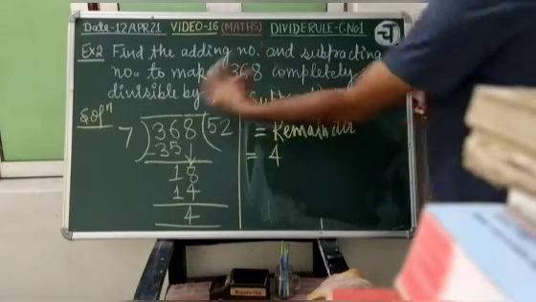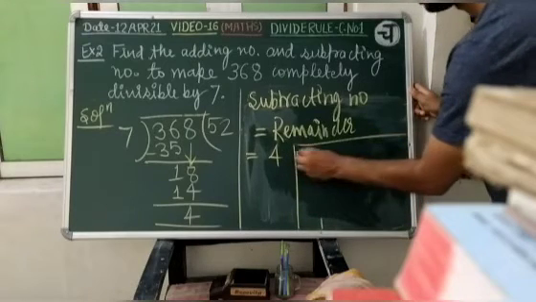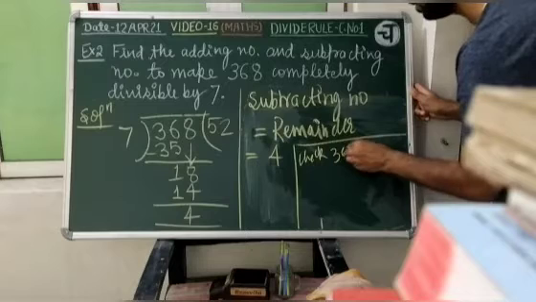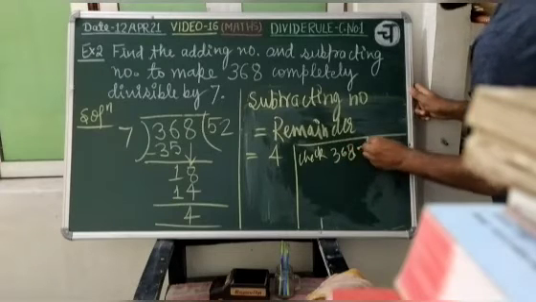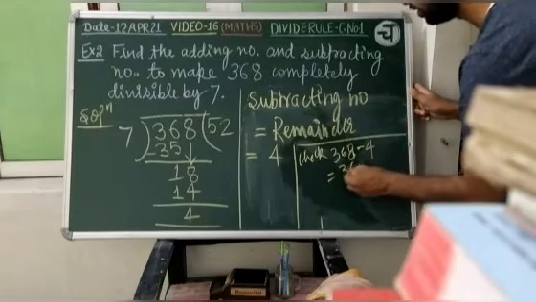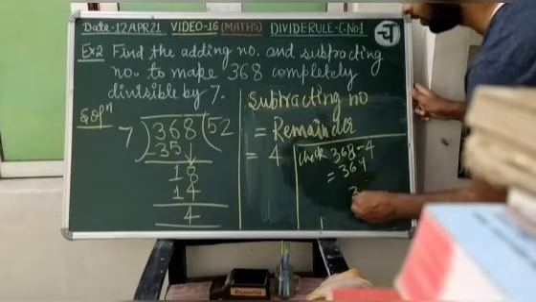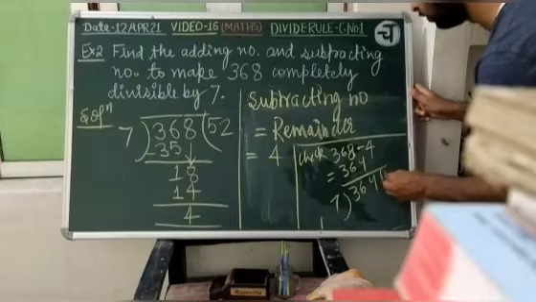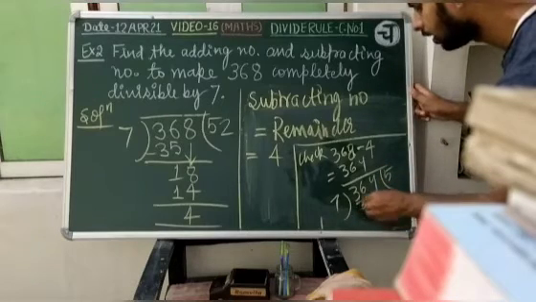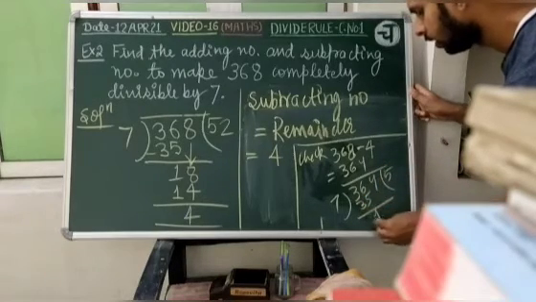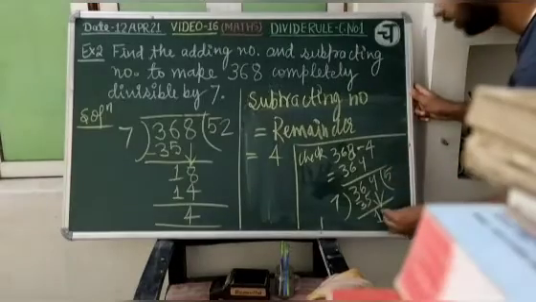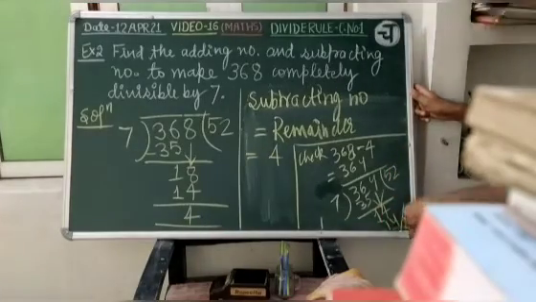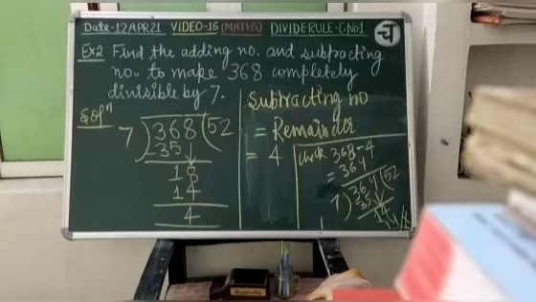So when you subtract 4, you can check: 368 minus 4 will give you 364, and this 364 when you divide by 7, it will go 5 times. 35 will come, bring down the 4 here, it will go 2 times, 14, and it will become completely divisible.